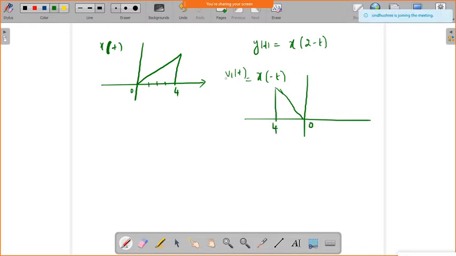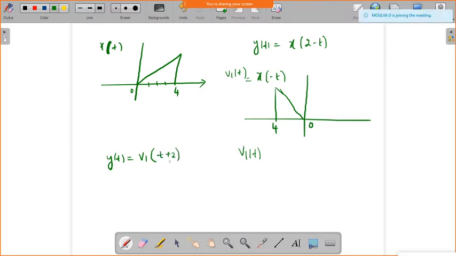Then we took v1 of t and shifted it to get y of t, which is equal to v1 of t plus 2.